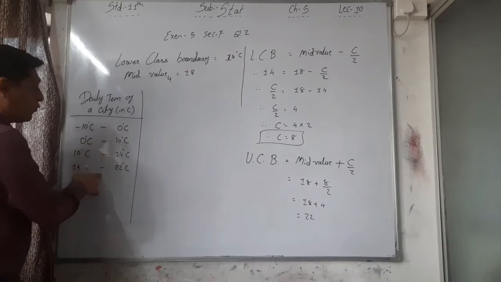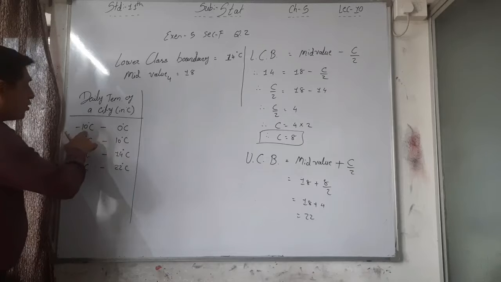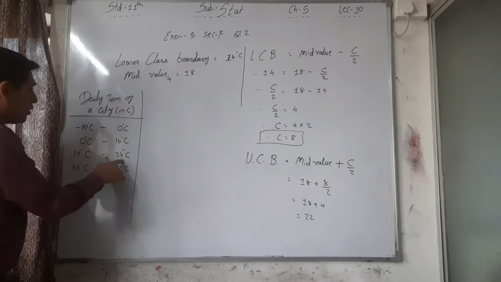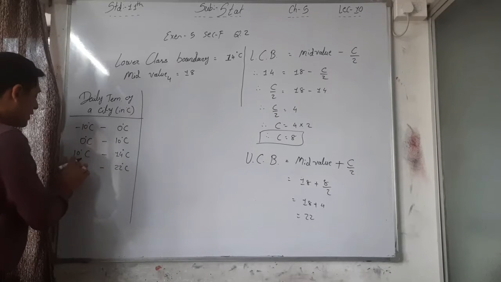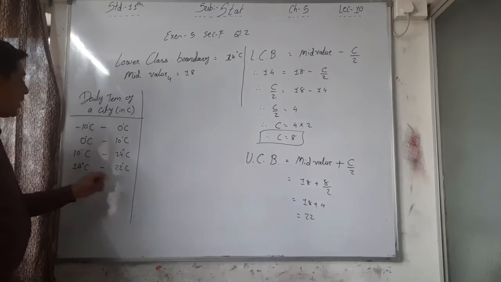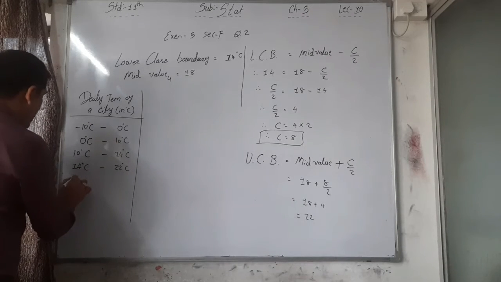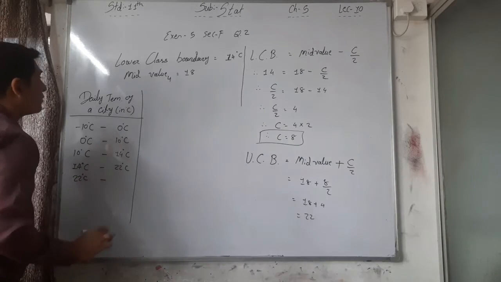This is not a sign of minus. This is dash, this to this, this to this. 14 Celsius to 22 Celsius. So again the next class lower class boundary is 22 Celsius.